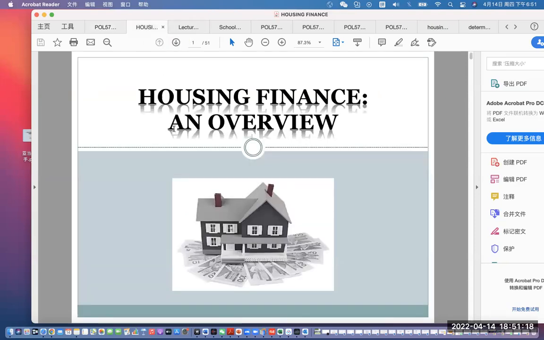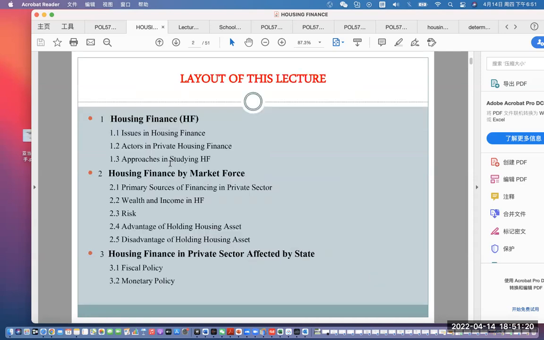And the second one is introduced by Dr. Jin Ju from actually another lecture. So this I will not go through too much, but you can briefly browse the lines. We introduce what housing finance is, from definitions.